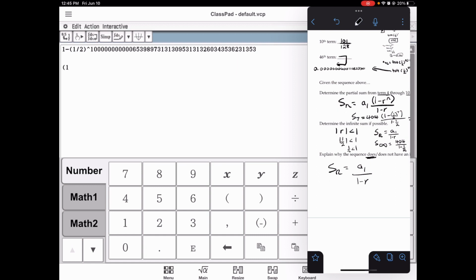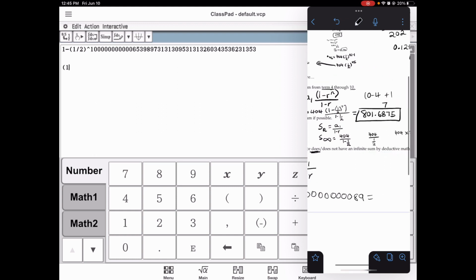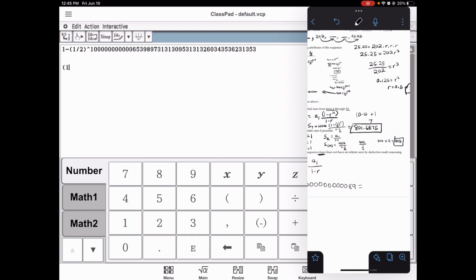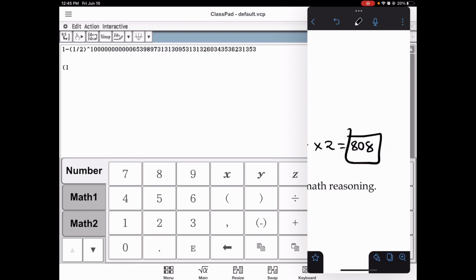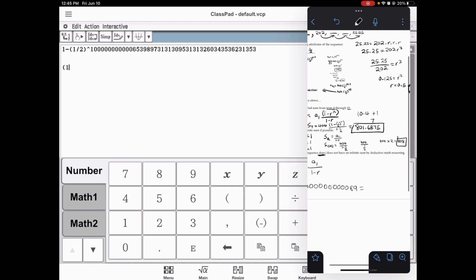So let's say S of 6,000,000,000,089 is equal to what should come out is 808. And I'll tell you the reason in just a second after I prove that it's 808.